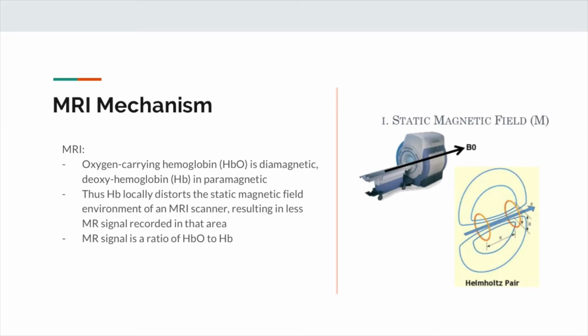This means that deoxygenated hemoglobin locally distorts the static magnetic field environment of the MRI scanner more than oxygenated hemoglobin does, which results in less MR signal being recorded in that area. There's a lot more about proton spinning and tipping over, but we don't need to go into that. MR signal is thus a ratio of oxygenated to deoxygenated hemoglobin in local areas of the brain.